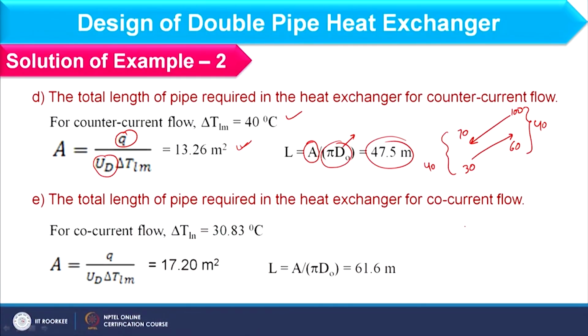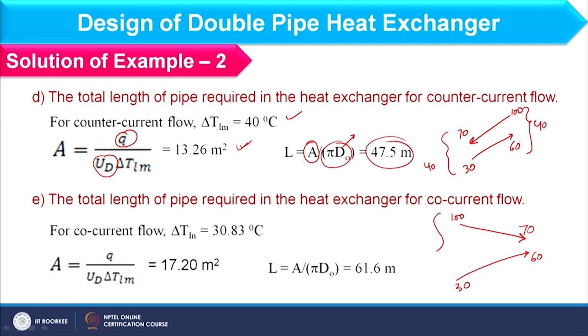If I am considering co-current, then the start temperature of hot fluid should be 100, right, and end temperature is 70 degree Celsius. Fine. In the similar line, initial temperature of cold fluid is 30 degree Celsius, and final temperature of cold fluid is 60 degrees Celsius.